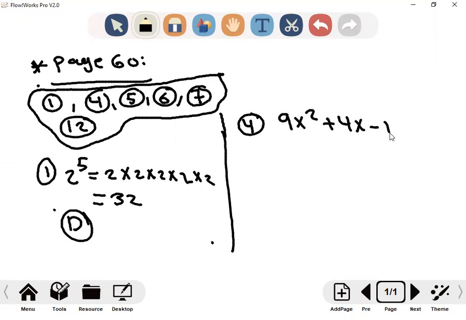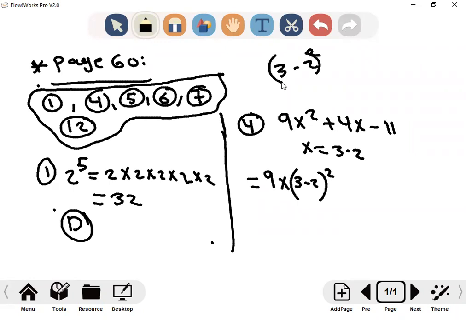Plus 4x minus 11, and x is 3.2. How do we find it? We replace the variable x by its value, which is 3.2. This is equal to... tell me what to write. 9 multiplied by 3.2. Guys, in the decimal with the power, put parentheses. If you put it like this, maybe you're confused. You will think that the power is only for 2.